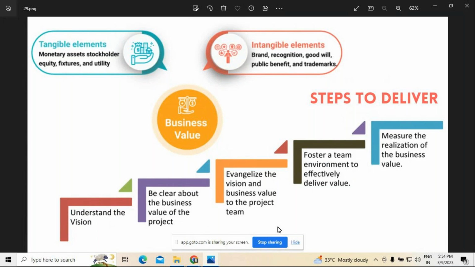Understanding the vision is required, first point, right? So you need to understand the vision of the organization or a product owner, whatever it is, right? So understanding the vision is important. At the same time, we have to be very clear with the business value of the project, because in order to reach the vision which a customer wants to reach, there is a next one which is called mission, you know, right?